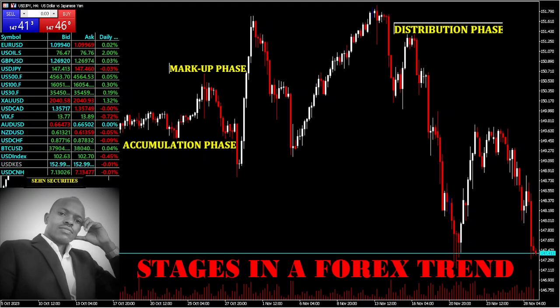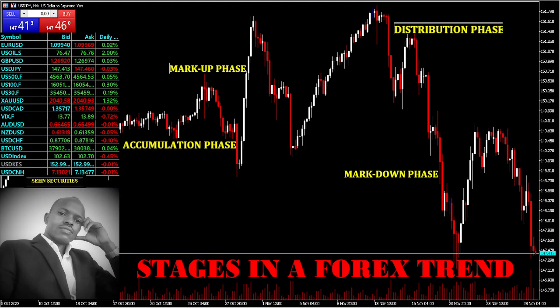Now, the next and the final phase is the markdown phase. In the markdown phase, the market has already peaked and continues to decline as professionals increasingly establish short positions.